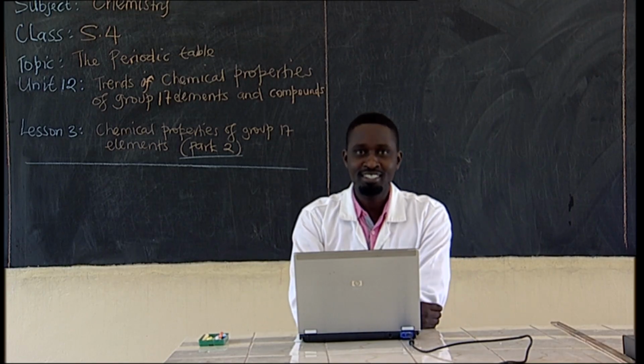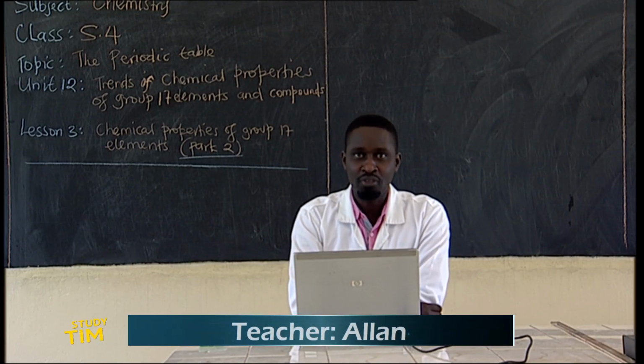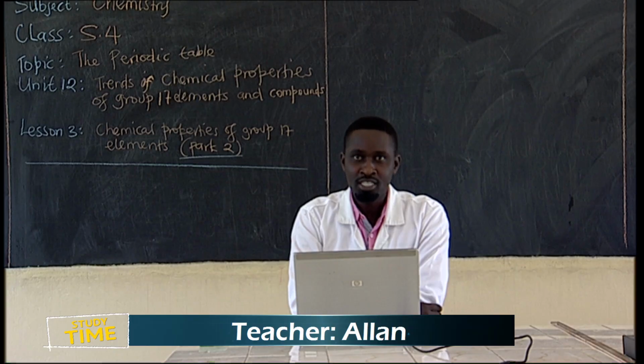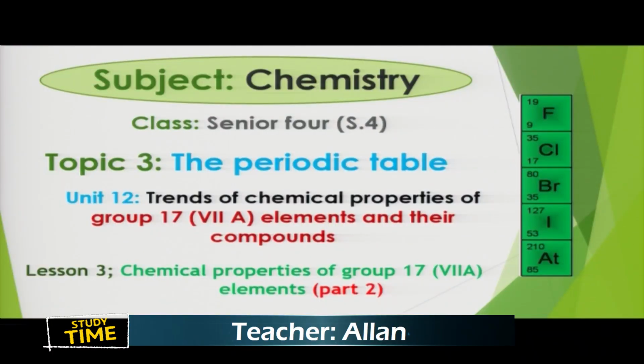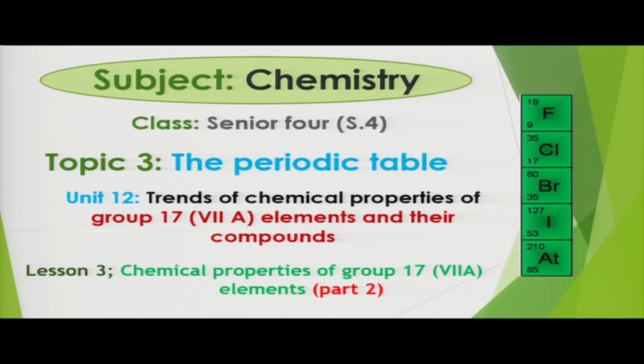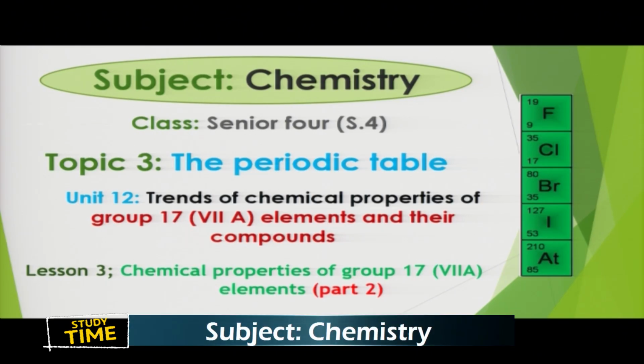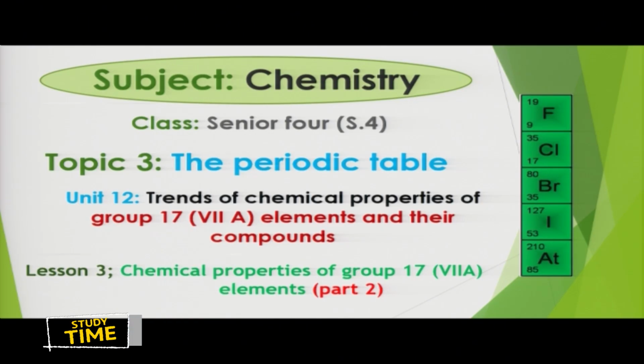So we are still on topic 3, the periodic table, but we are focusing on unit 12 still, which is about the chemistry of group 7 elements, sometimes called 17. It's okay, they can all work.